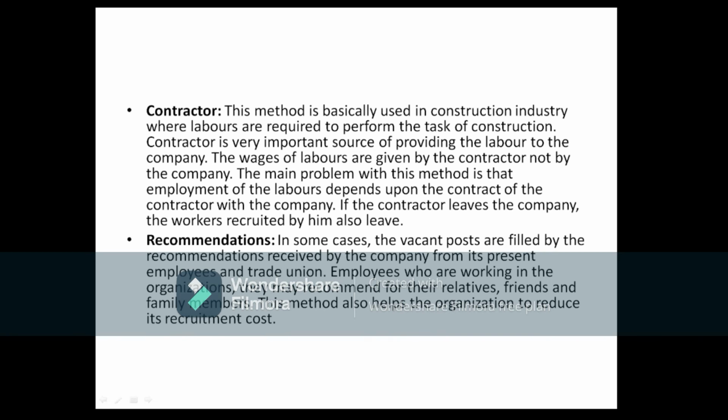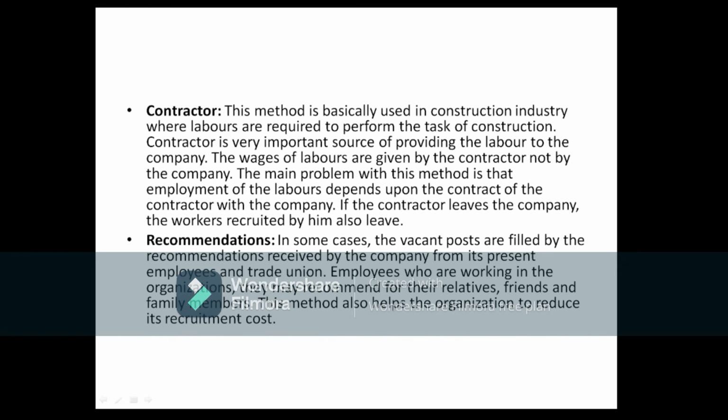Next is recommendations. This is again a very important source of getting appropriate people for filling the job in the organization. Suppose a person is working in the organization, and he or she finds that there is a vacancy, then he recommends his friend, relative or family member who is seeking a job.